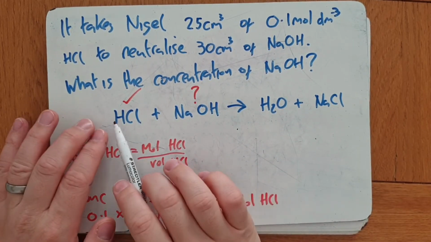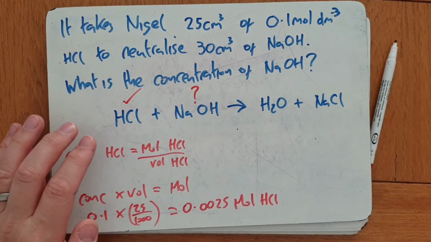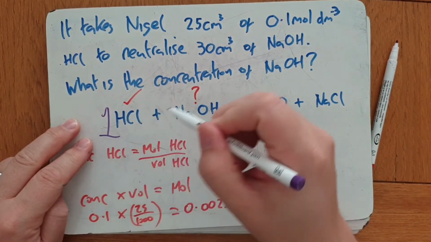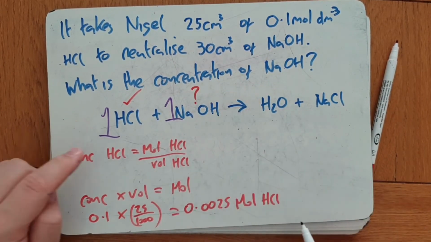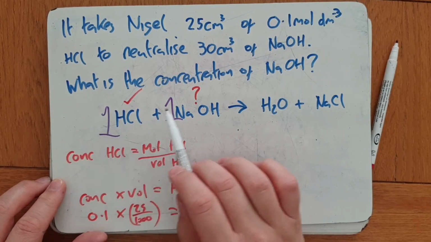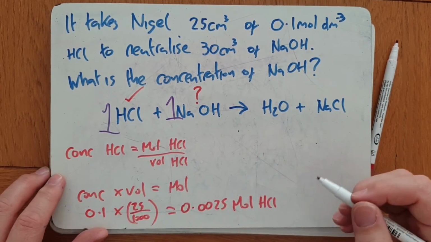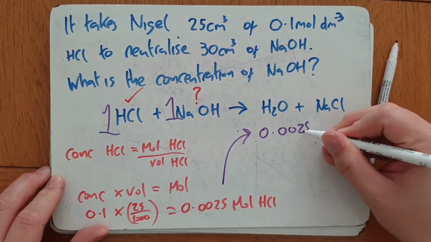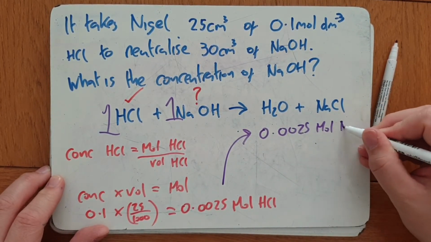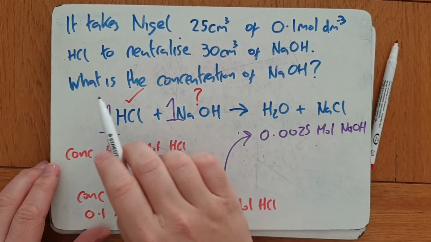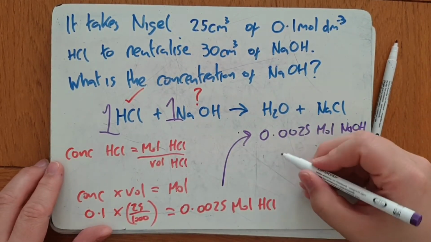We go to our equation. Remember, scientists being really lazy, there are no numbers in front of those, so that means that is a 1 and a 1:1 ratio. So if we have that many moles of HCl, we'll have exactly the same moles of NaOH. So now we know we've got 0.0025 moles of NaOH.